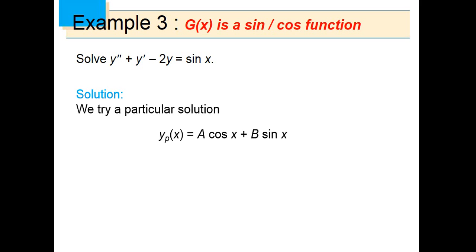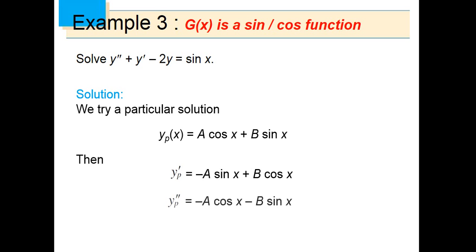So the form of your particular solution will comprise the pair of the sine and cosine function written in this manner. By the way, you can have the sine here and the cosine in here. It doesn't matter as long as you have both functions in the form of your particular solution. You need to differentiate this twice because you have until the second derivative here.